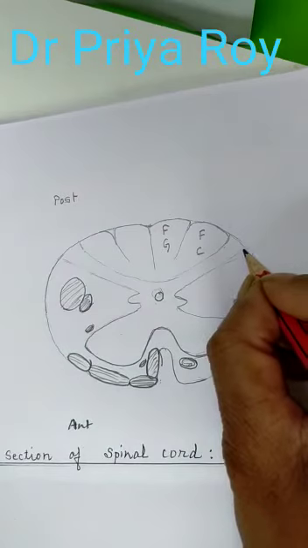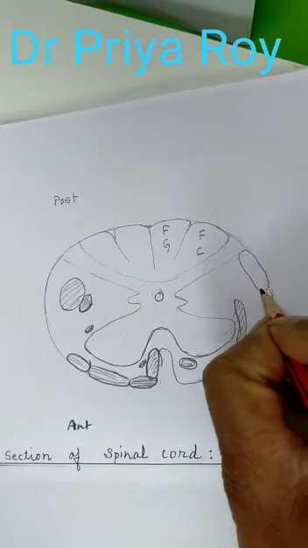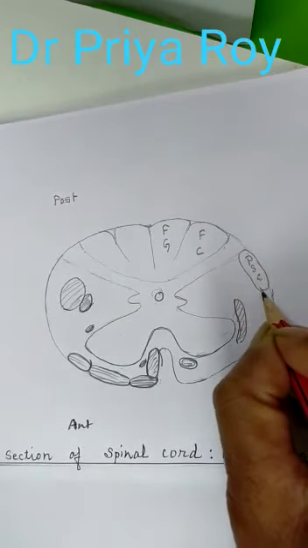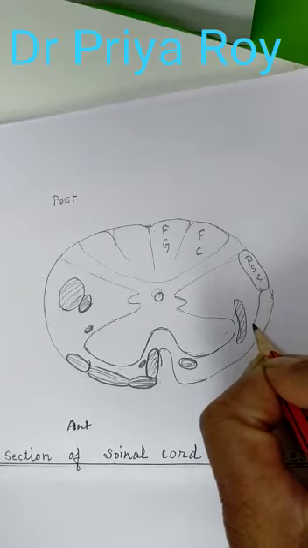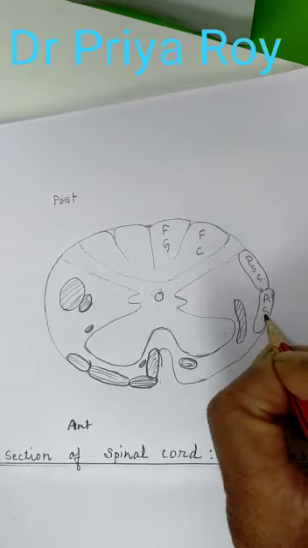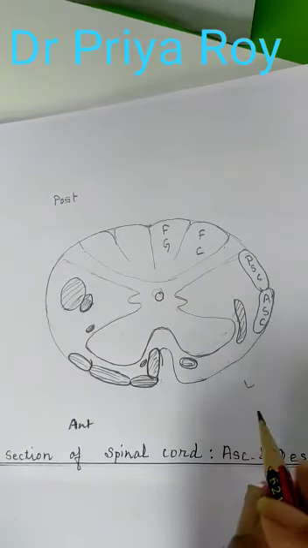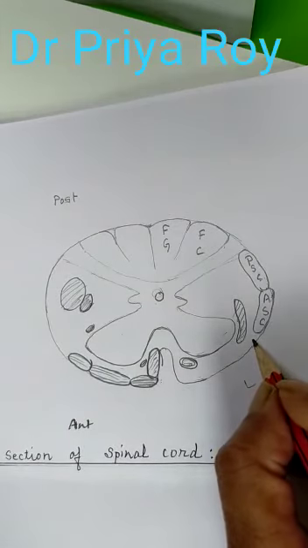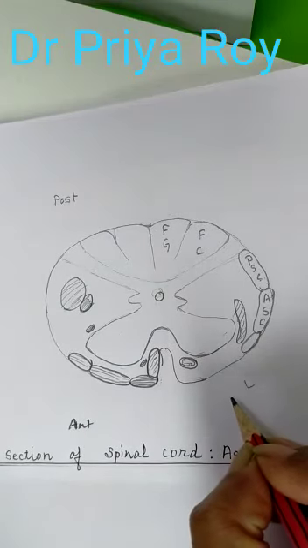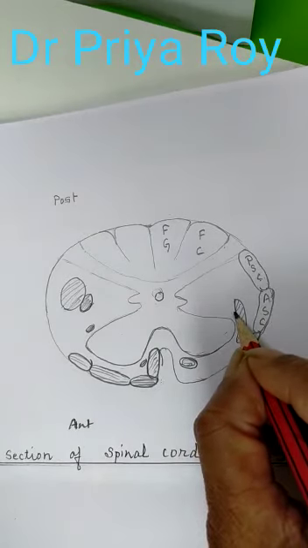Now the posterior spinocerebellar: because it is posterior, we draw it on the posterior side. Afterwards you can label it nicely. This is the anterior spinocerebellar. Then what remains? The spino-olivary tract, and lastly the spinotectal tract.